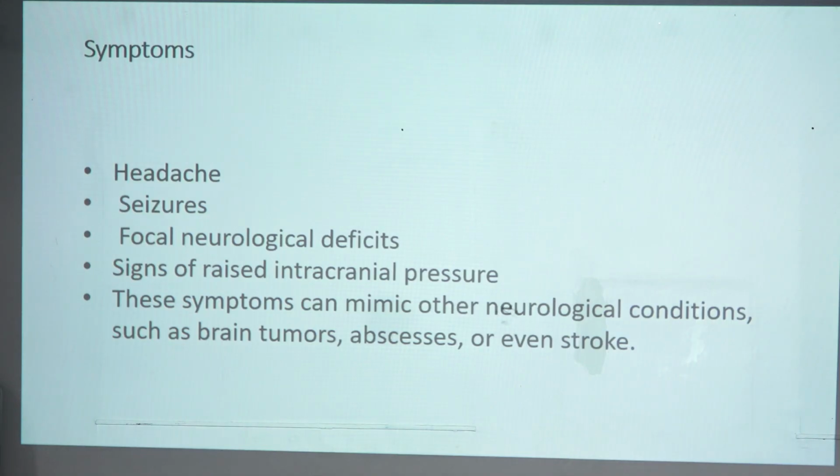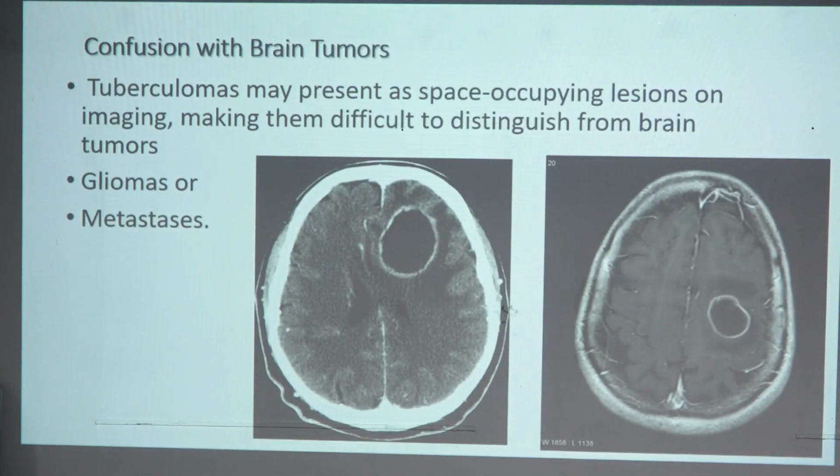These are the few symptoms which are usually there when a tuberculoma presents directly to the surgeon. Usually the patient comes to the neurologist as a case of headache or presents with a seizure, some focal neurological deficits, and sometimes raised intracranial pressure, and these may mimic all the signs of a brain tumor pathology.